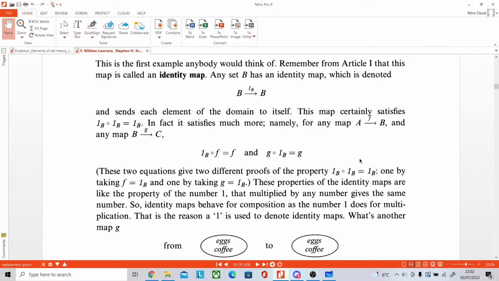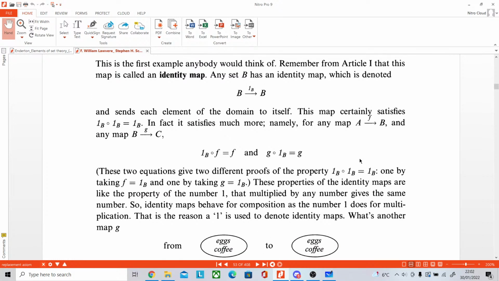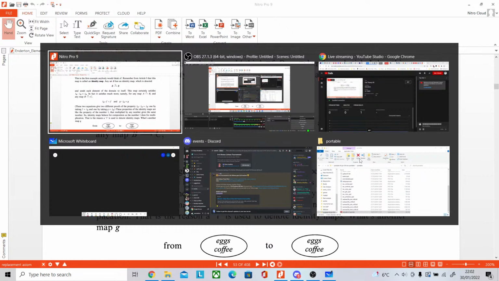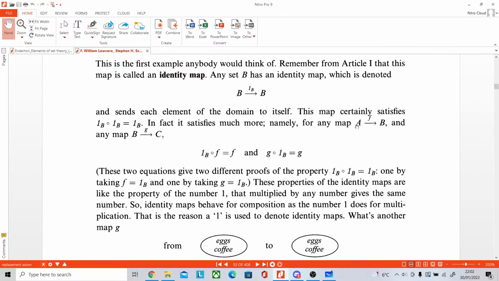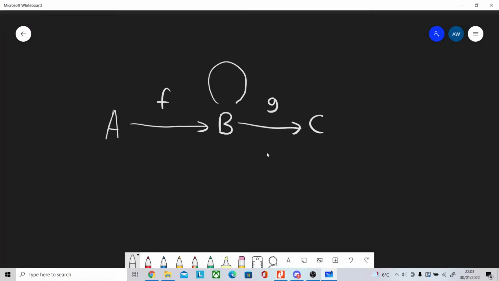So let's just see that. Do they have a diagram here? Nope. Okay, so I'll just show that in case people want to see. Hold on. A, B, and then B, C, and then F, G. So you have A, B, C, this is F, this is G. And then we have the identity map 1B, which basically just loops around like this.